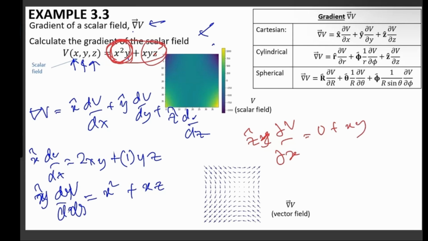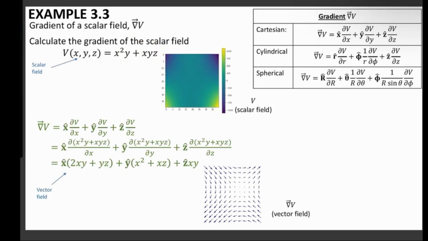Finally, we add all of these together. We can see that this is the x direction, y direction, and z direction, so this becomes a vector field.